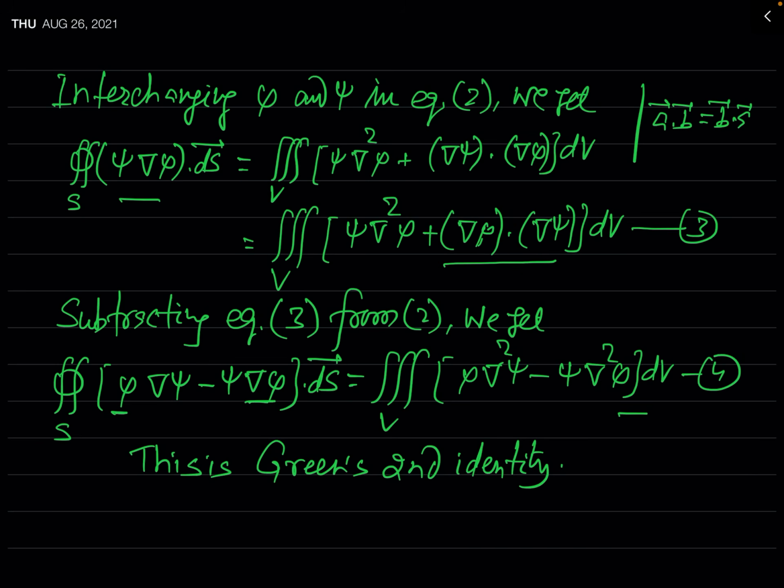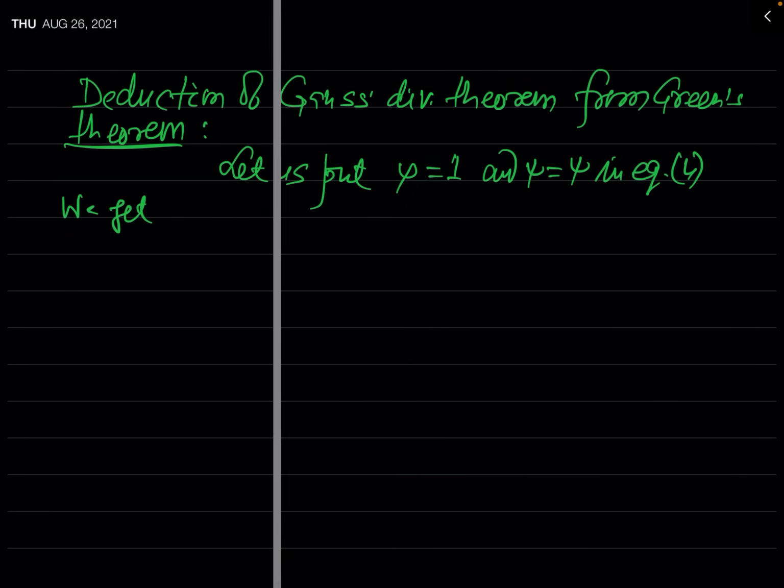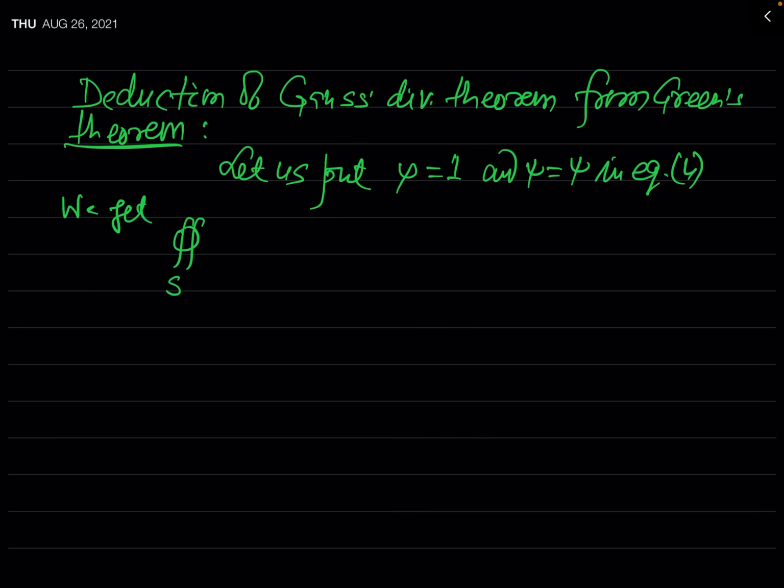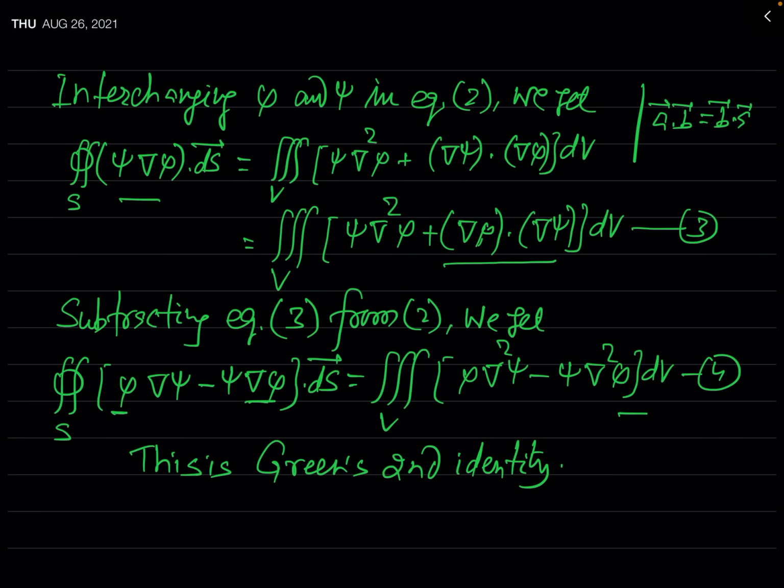So the second term in LHS will vanish. So your equation will be what? That will be integral over closed surface S of del psi dot dS, and that is equal to integral over V. Now see the RHS.